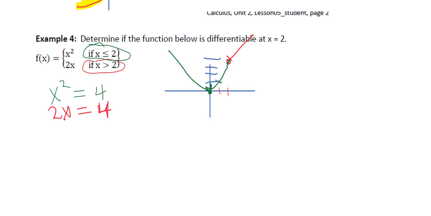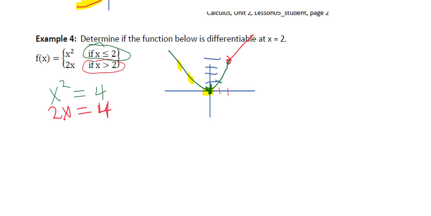There's not a smooth transition in the derivatives. The derivative there is negative, it's equal to 0 there. It's increasing, increasing, increasing, and then it just flattens out. So even though it's not a pronounced sharp turn, it's not differentiable there.